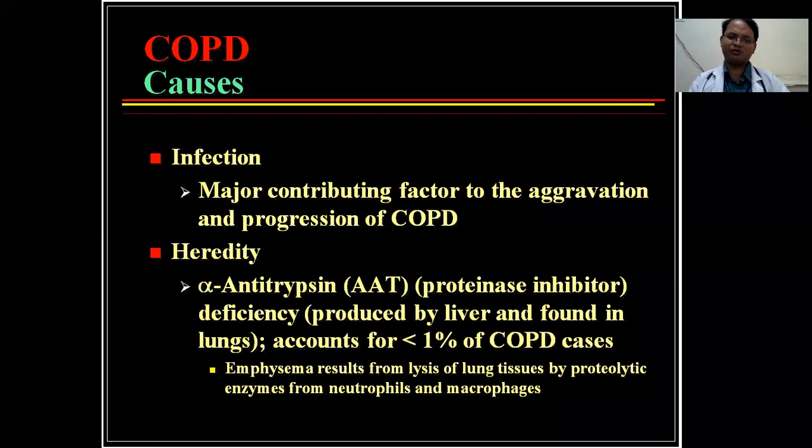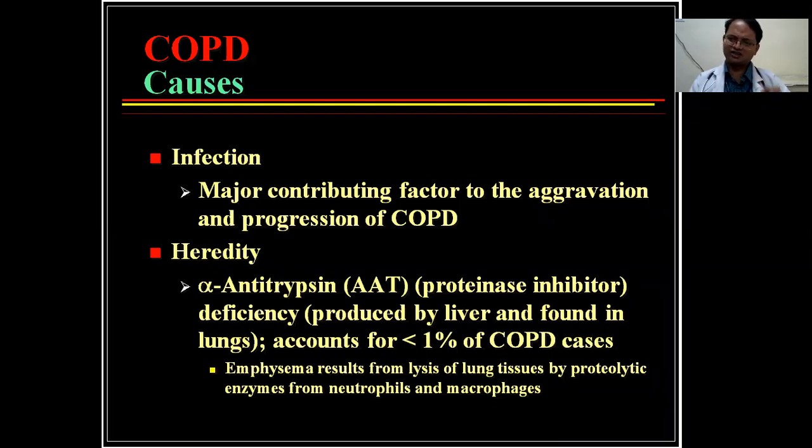A hereditary cause of COPD also exists. This accounts for less than 1% of the total COPD patients. Here, it is alpha-1 antitrypsin deficiency. This is important. Alpha-1 antitrypsin deficiency.